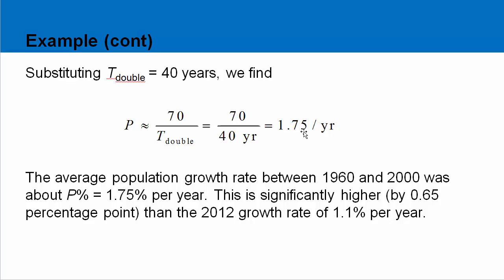And remember, the answer is a percentage, so that's 1.75%. So according to the previous data, we were growing at approximately 1.75% per year during that 40-year period. And if we're now growing at 1.1%, that means it's slower. That means it should take longer to double.